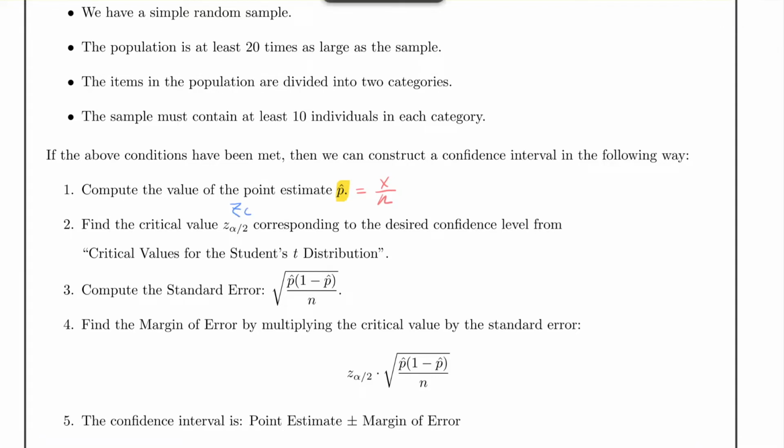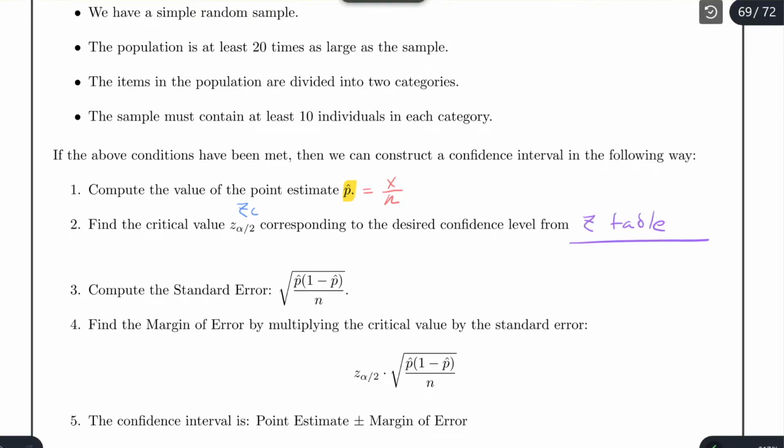ZC corresponds to desired confidence level from the Z table. It's not t distribution. So for population proportion, we only need to worry about Z table. But remember, for confidence interval, we have a specific table just for the confidence interval, right?